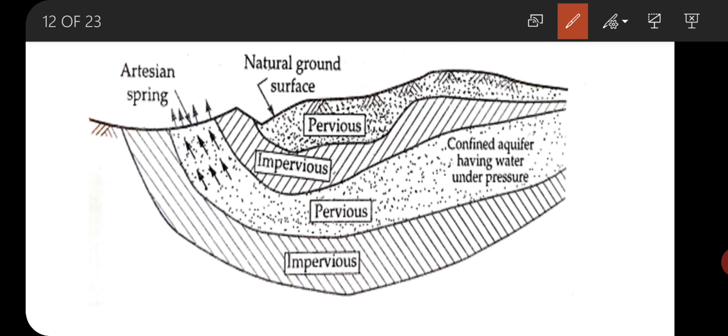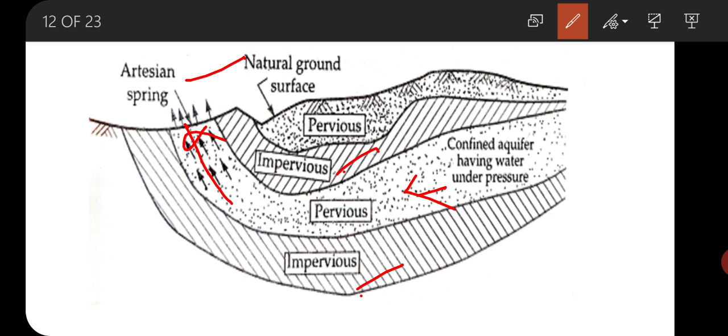Here, when the water bearing stratum is under pressure, that is the water is flowing through a confined aquifer, meaning the aquifer which is confined between two impervious layers, the spring formed is known as an artesian spring.